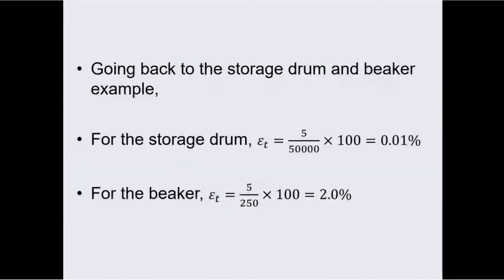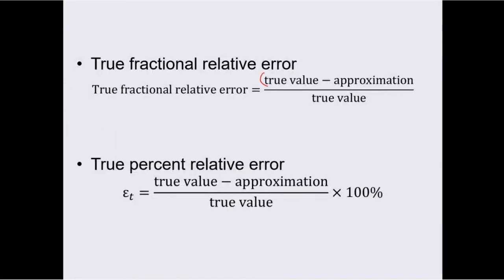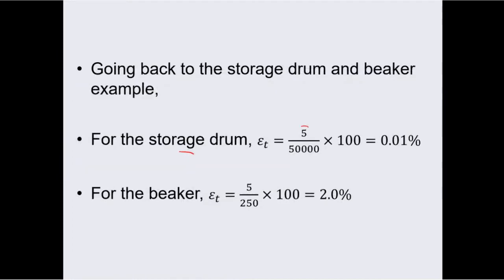Now, if you compare the values that we have here, for the storage drum, the relative error is given as the true error divided by the true value. So it's going to be 5 ml, which is the error that we found, divided by the true value, which is 50,000, and it comes out to be 0.01%.